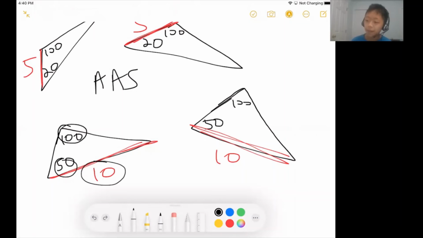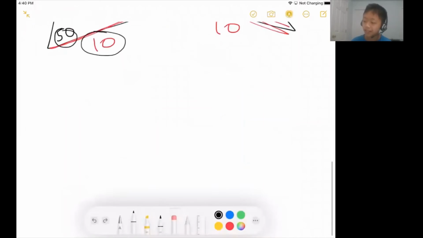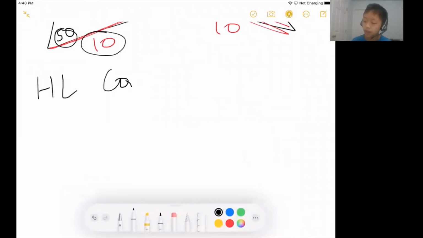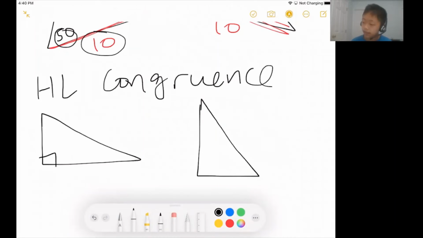And the last type of congruence that we'll talk about is called HL congruence. HL congruence is specific to right triangles. So HL congruence says if you have two right triangles like this, and they both have right angles, and I should say HL stands for hypotenuse leg.